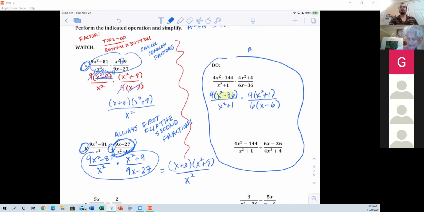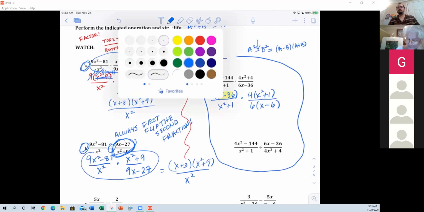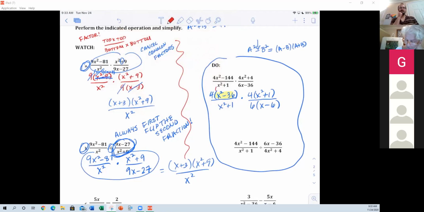I'm not too sure about that. Remember that a squared minus b squared, if it's got a minus between two perfect squares, it will always factor to be a minus b times a plus b. x minus 6 and x plus 6, right. So this will factor to be x minus 6 times x plus 6.